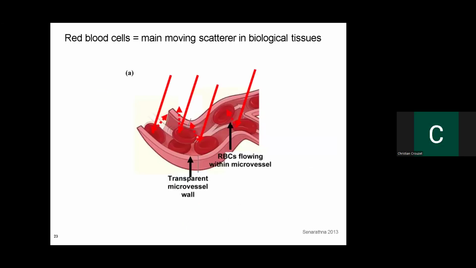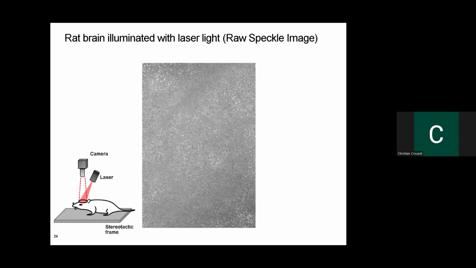Now that was an in vitro example, but we want to use this technology in biological tissue. And what is that scatter that's in biological tissue? That's red blood cells. So obviously all of us have that flowing through us. And these red blood cells can scatter that light to induce intensity fluctuations in the speckle pattern. So here's an example where we illuminated the rat brain and collected the backscatter light with the camera.